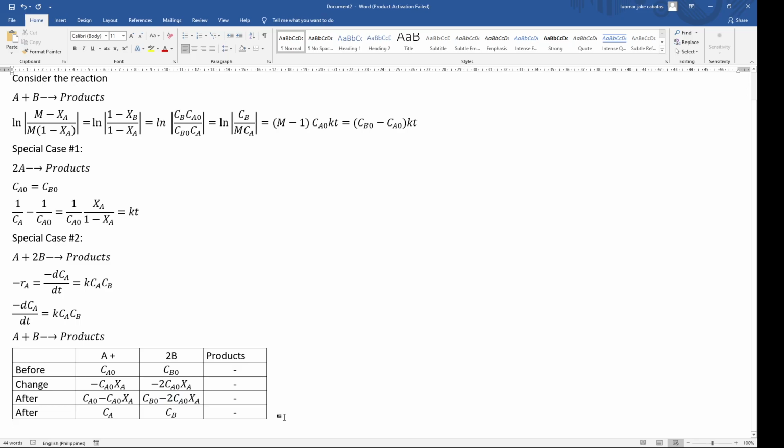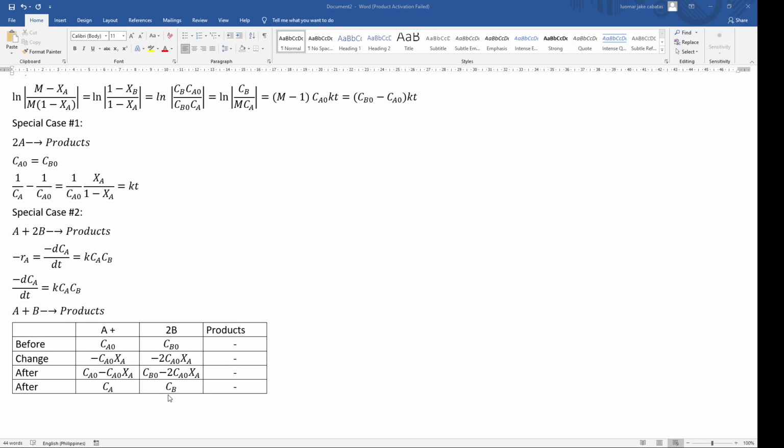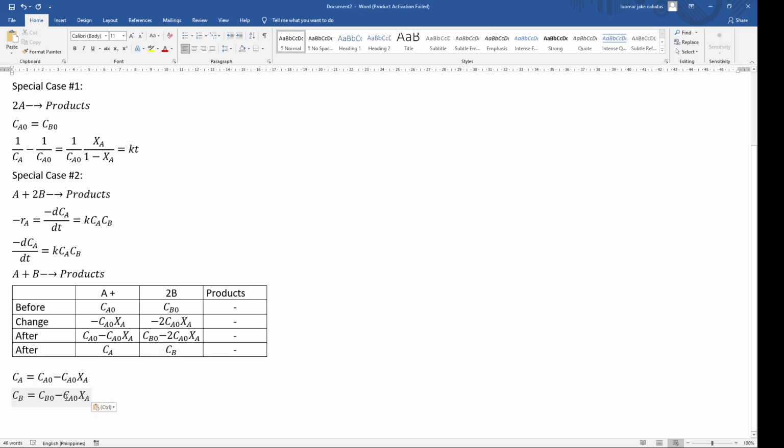Okay, so we now have this BCA table. So now we have these two equations form relationship of CA to XA and CB to XA. So, di ba? Very similar, pero this time na lang siya 2 sa CB.